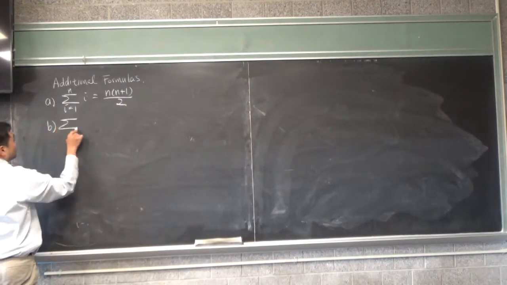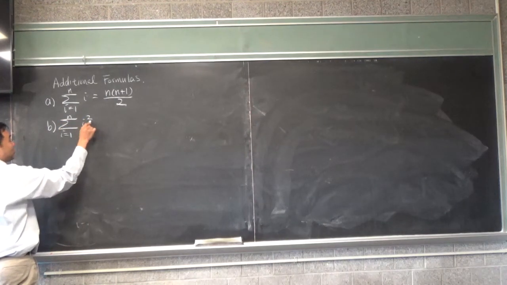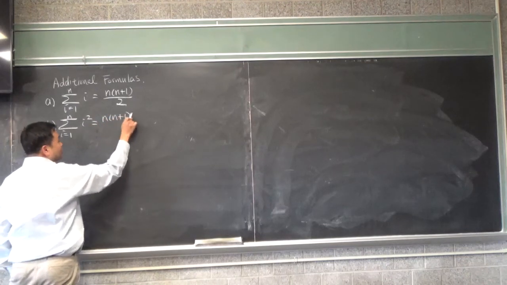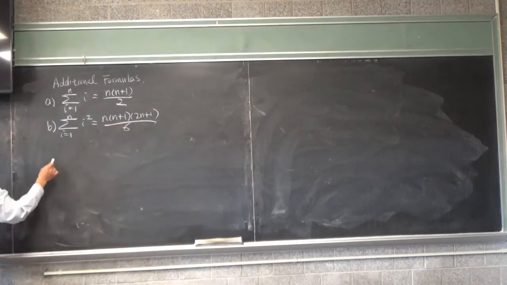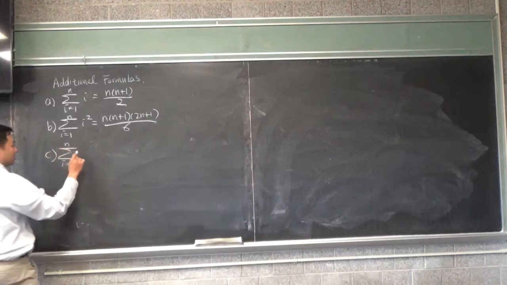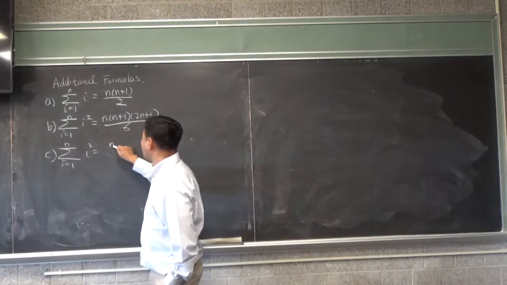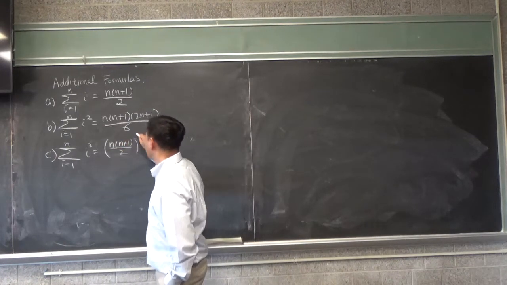Second, the summation of i from 1 through n of i squared is the same as n times n plus 1 times 2n plus 1 over 6. And the summation of i from 1 to n of i cubed is n times n plus 1 over 2, squared.